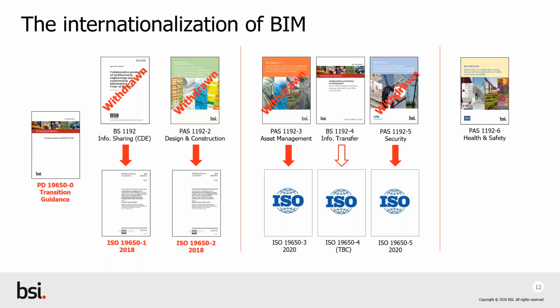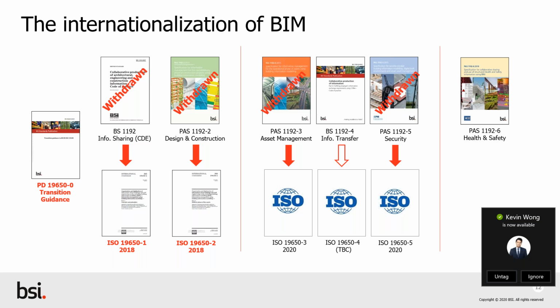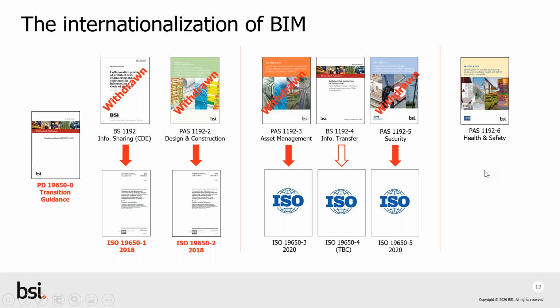The good news is that today, 4 of those standards have transitioned into ISO standards, ISO 19650 part 1, part 2, part 3, and part 5. Part 4 is being written as we speak. And part 6 is at the moment UK focused, but it's very important as well from a health and safety point of view, and how you can embed BIM within health and safety.